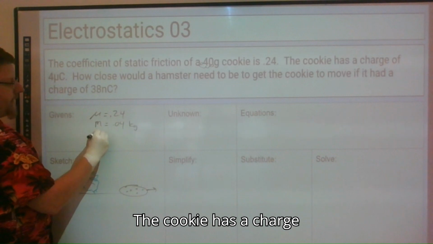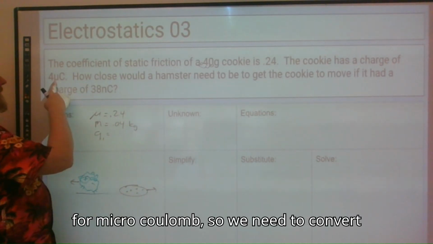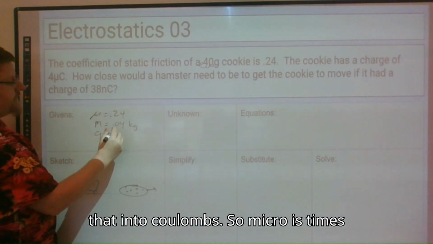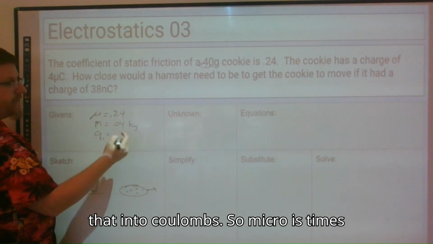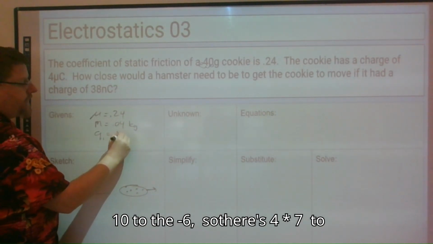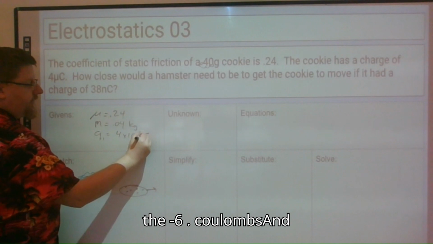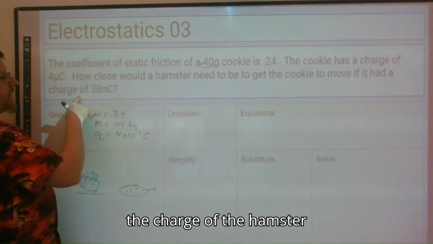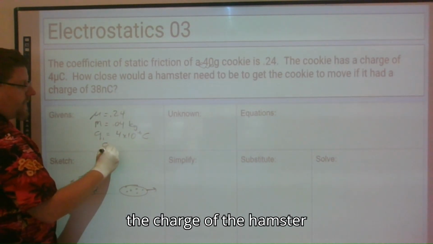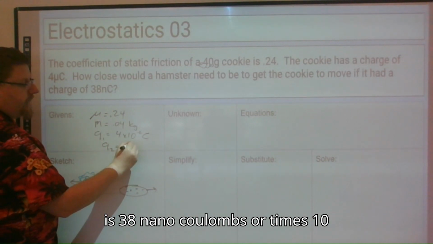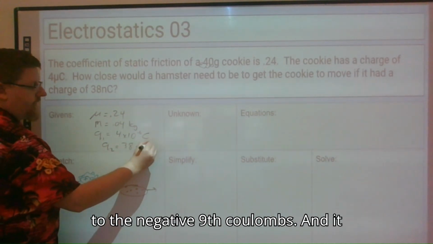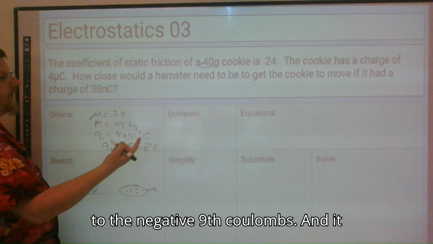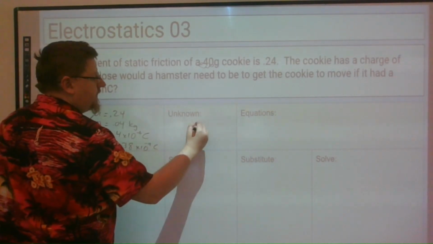The cookie has a charge of 4 microcoulombs, so we need to convert that into coulombs. Micro is times 10 to the negative 6, so this is 4 times 10 to the negative 6 coulombs. And the charge of the hamster is 38 nanocoulombs, or times 10 to the negative 9th coulombs. And it wants to know how close. We're looking for D again.